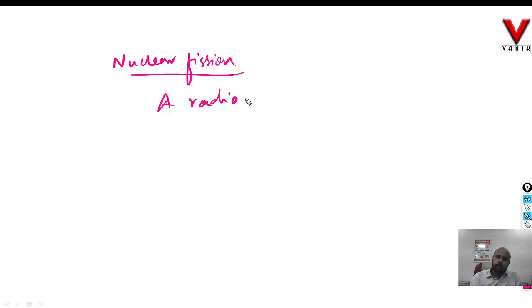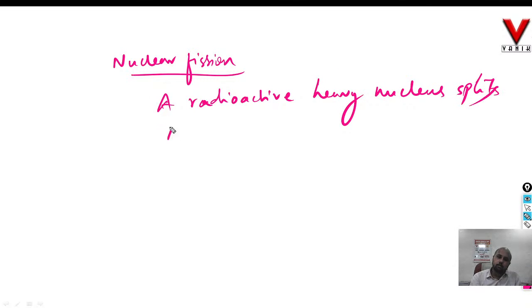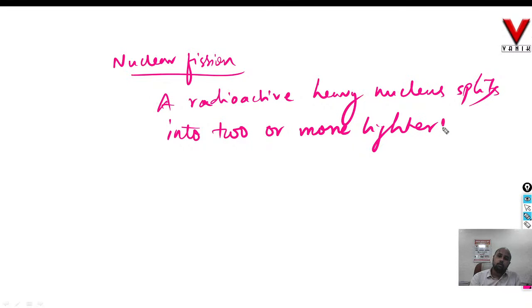Next, let us understand what is nuclear fission. This radioactive heavy nucleus splits into two or more lighter nuclei.